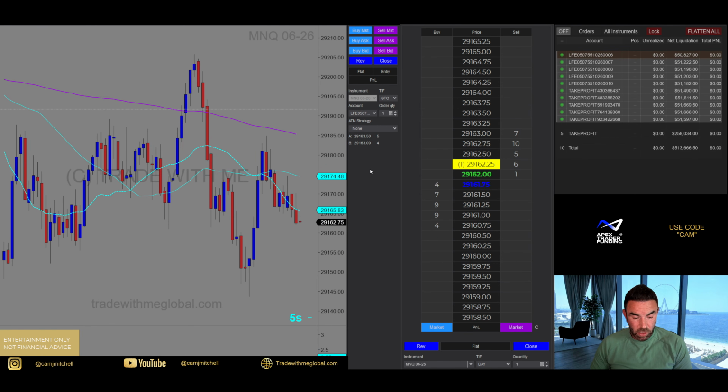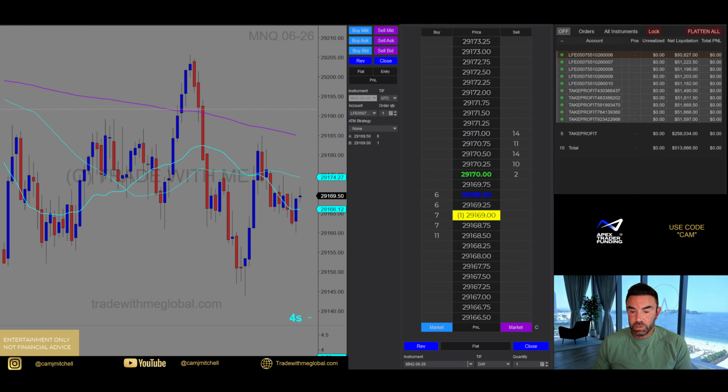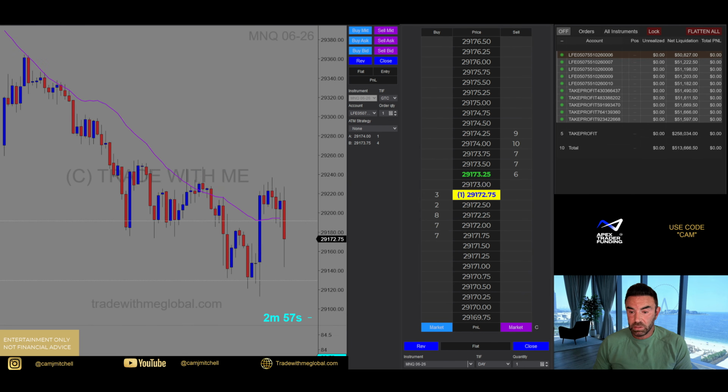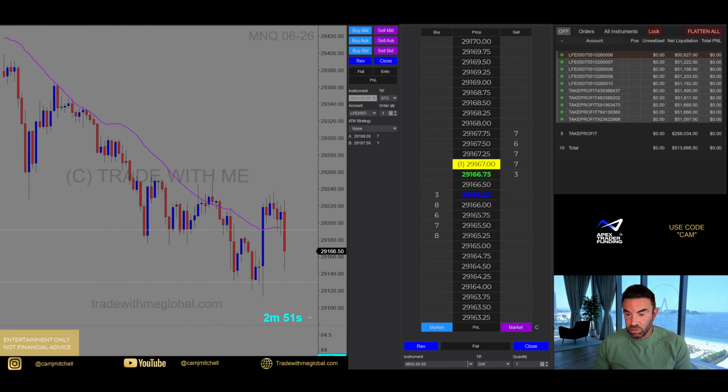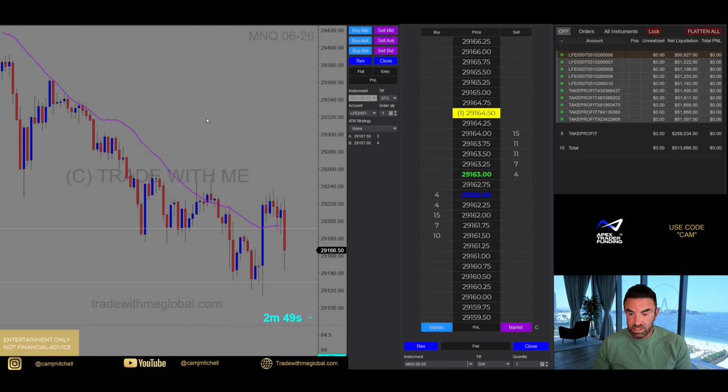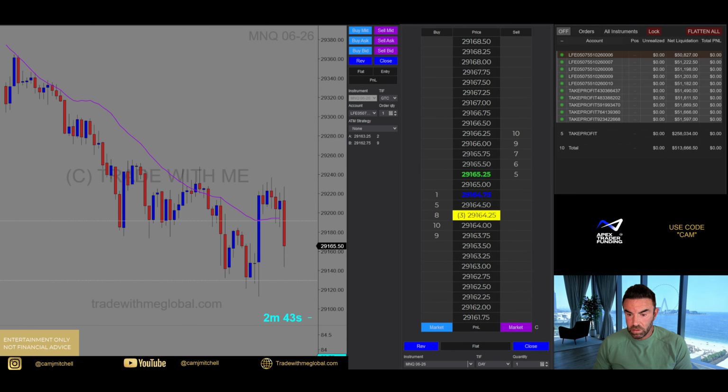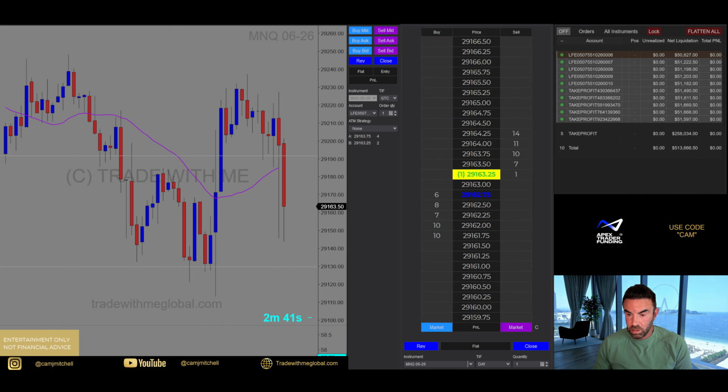Now, one of the positives here is we've had such a significant drop on the open that if we can build a base here and not drop, we've just done so much price on the downside, it'll give the buyers some confidence to come in at a cheaper price in an uptrend. So we've got 2 minutes 40 to go.